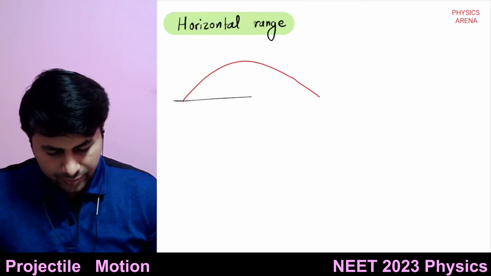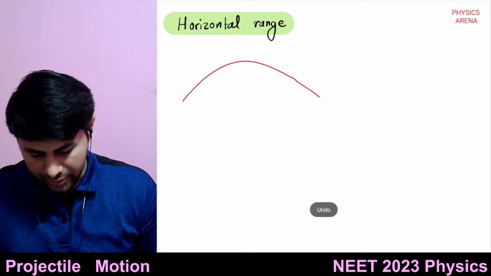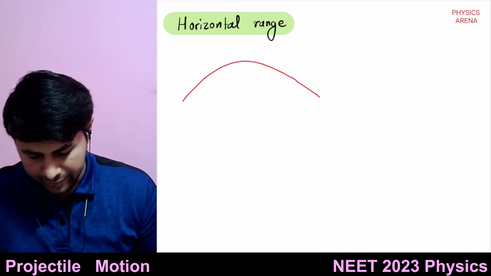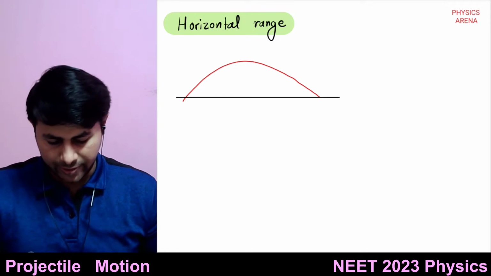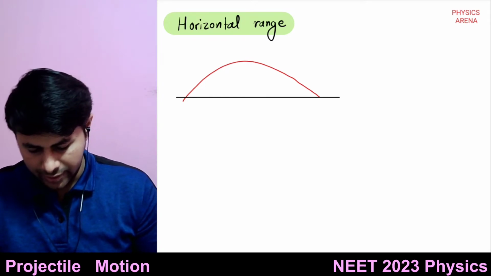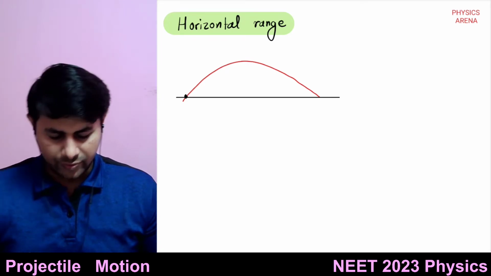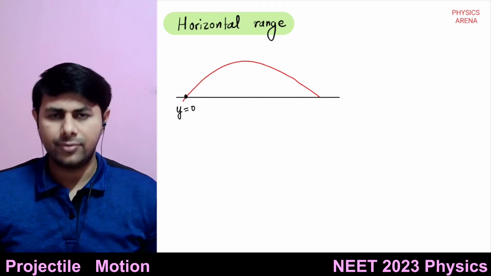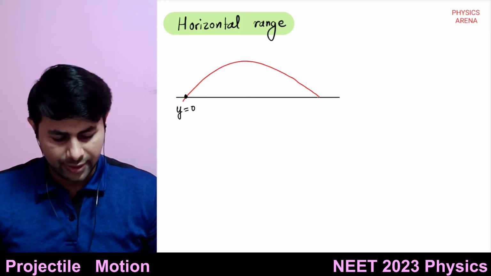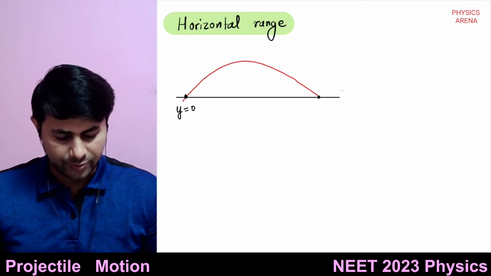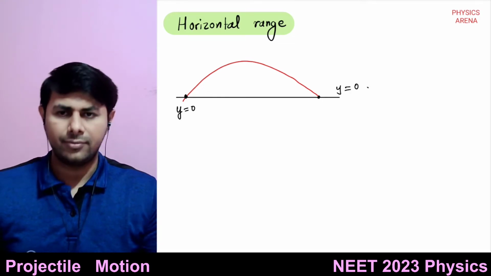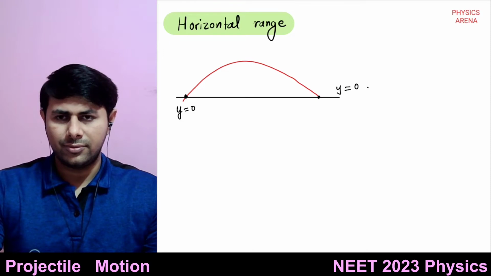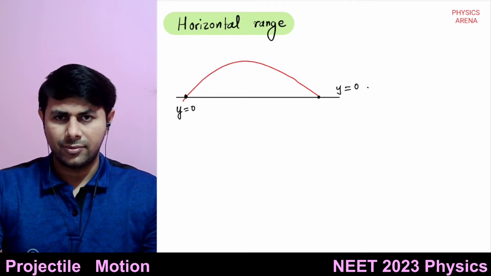So now suppose this is a horizontal surface. So now at this point, what is the value of y? Y is equal to 0 at start, right? And at this point also, y will be equal to what? 0. Yes, sir.